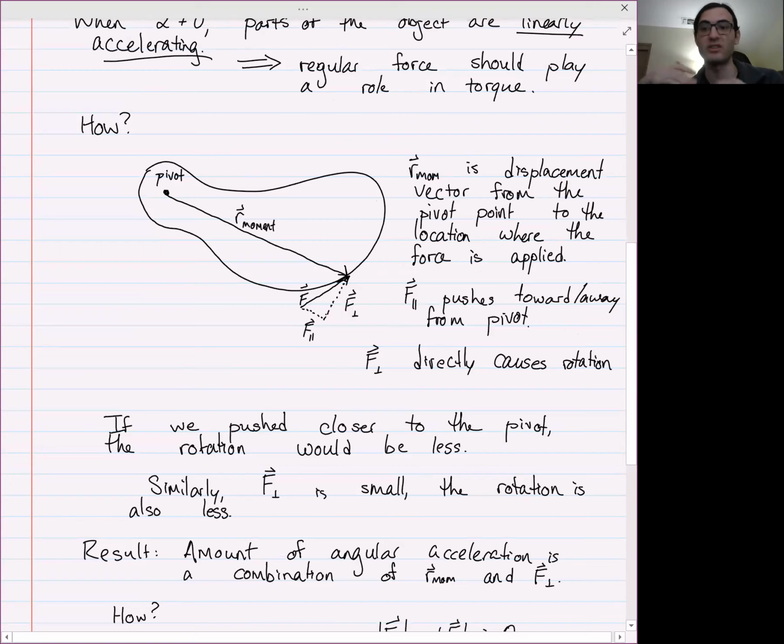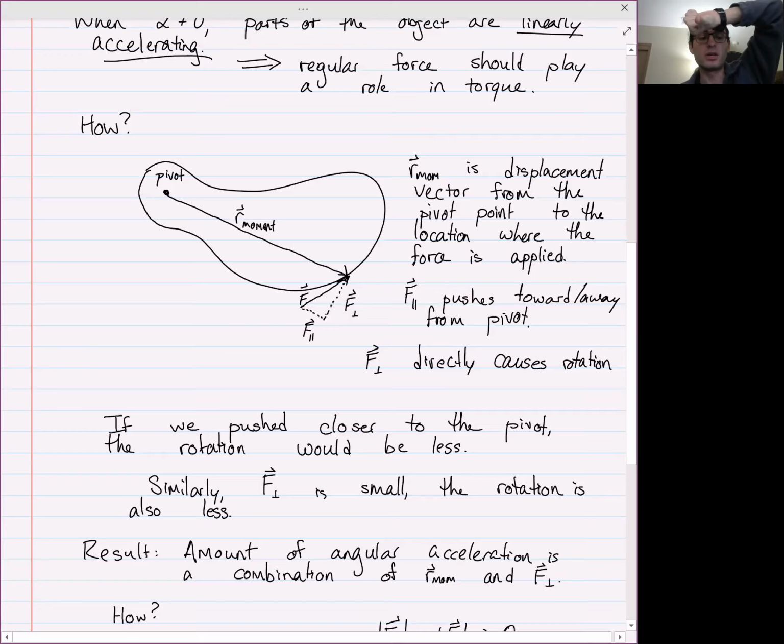Well, torque is the moment vector r crossed with the force F. So we can figure out the direction of a cross product, r cross F, by using the right-hand rule. I'm going to stick my right hand in the direction of r, curl my fingers in the direction of F, and that tells me what direction the torque is in. So for this particular force and this particular moment vector, the torque is out of the screen.